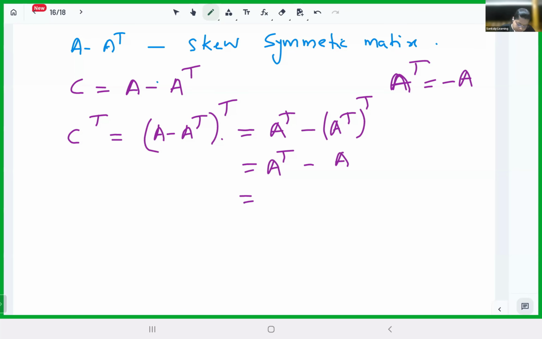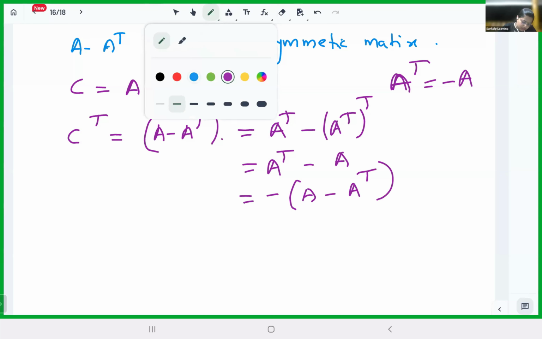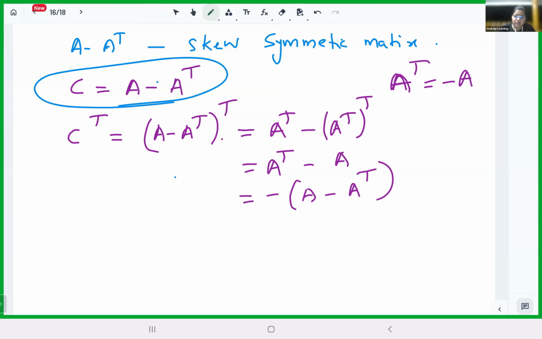And if I take a minus outside from this, it can be written as minus of A minus A transpose. And what is this A minus A transpose? It was C, right? So this can be written as minus C. So now what we have got?